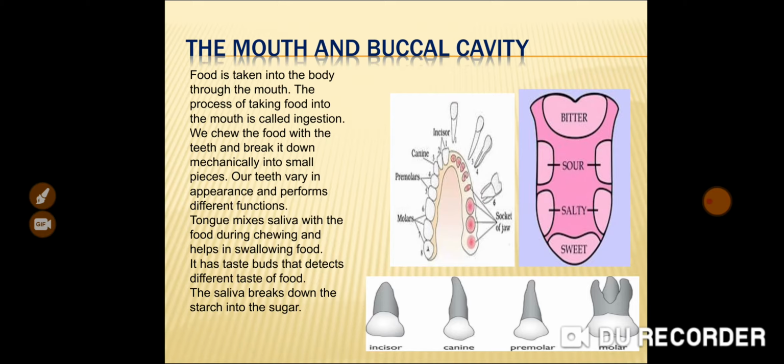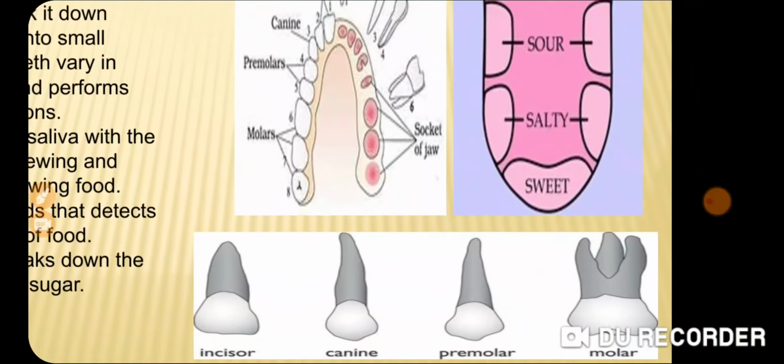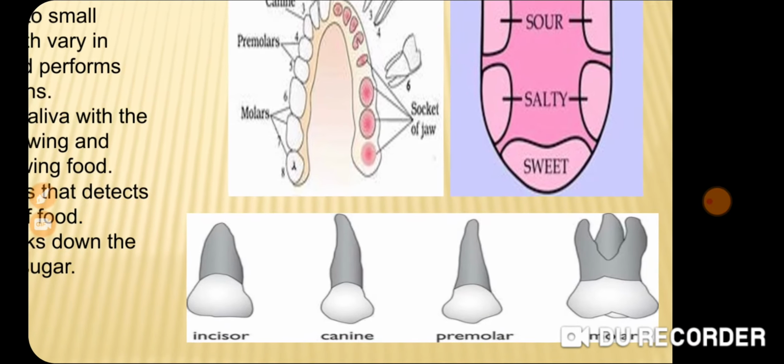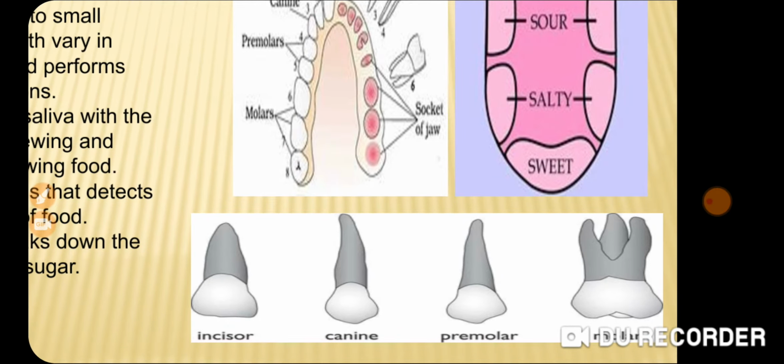Our teeth vary in appearance and perform different functions. Here we have a picture of different types of teeth. We have incisor, canine, premolar and molar.